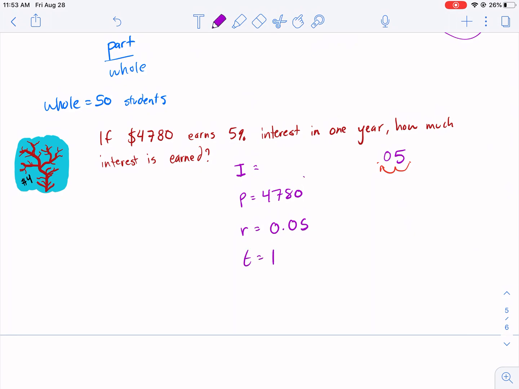So we just need to multiply these things together. I equals PRT equals 4,780 times 0.05 times 1. And that's going to equal I. So this is definitely probably a good time for a calculator, times 0.05, and I got $239.